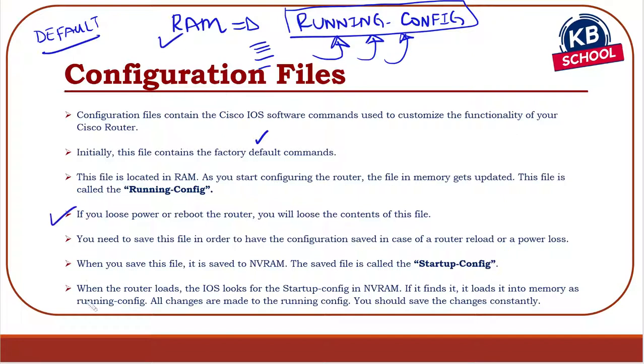That's what this is saying. If you want these changes to be there the next time around, what do I need to do? I need to save it. What location do I save it to? I save it to NVRAM, and the name of the file is startup-config, a specific name.